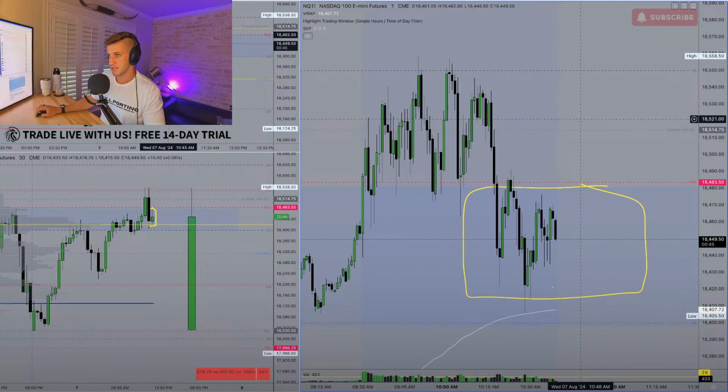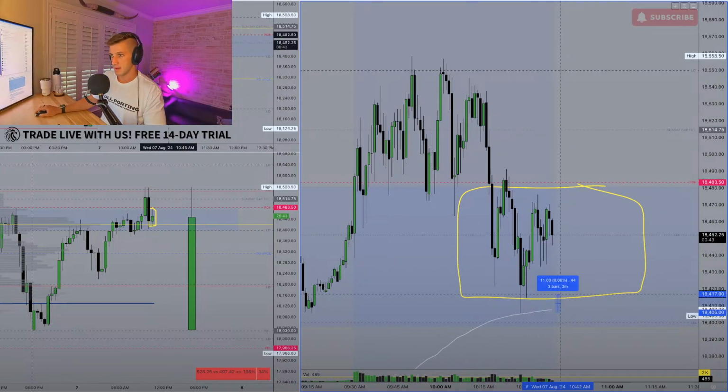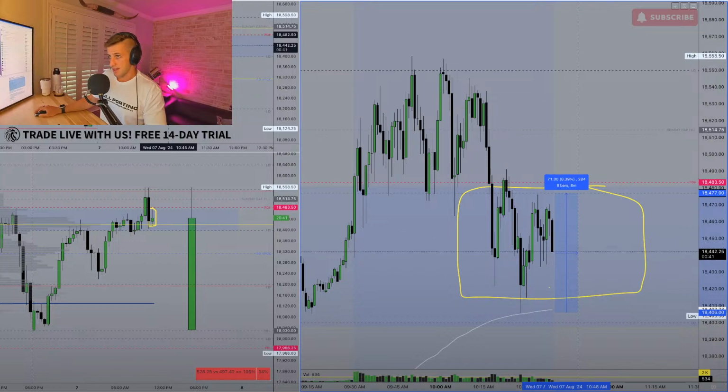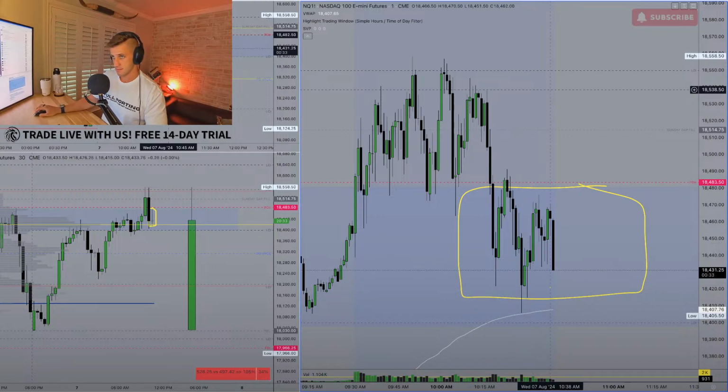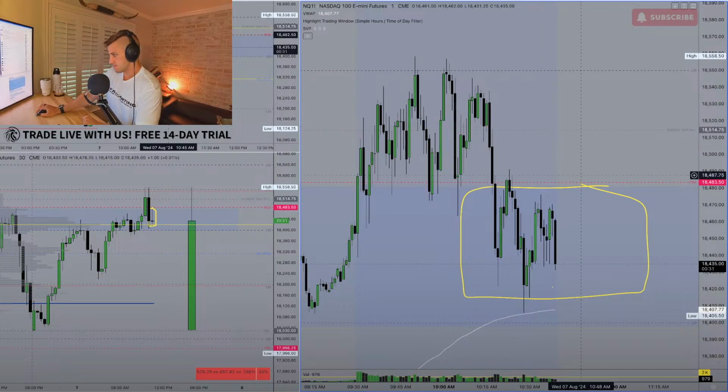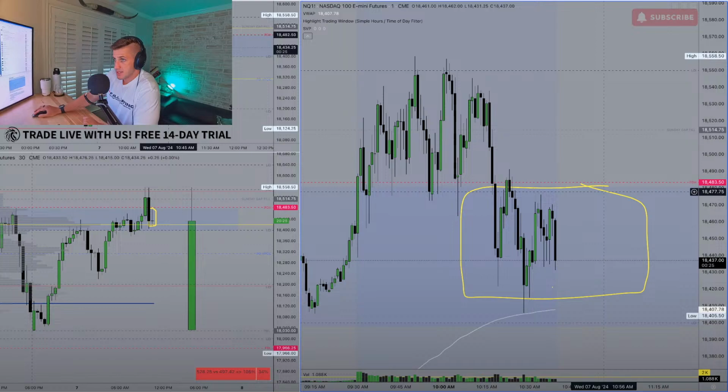Like that 12 VIX environment we were in, one of these 70, 80 point bounces would be insane to see. And now that's just like a normal thing. So context is key. As of right now, price could not reclaim that prior day high.